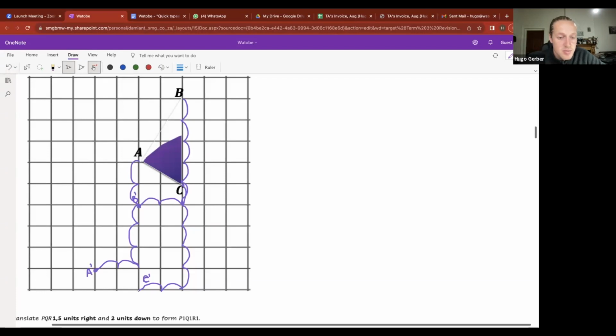Okay, now we have our A, we have our B prime, and C prime. That looks like an E. And now we can just connect them. Let's see if I can make this thing thicker.